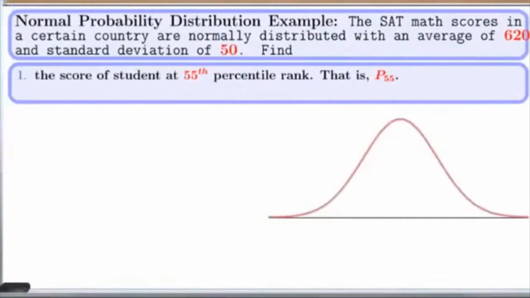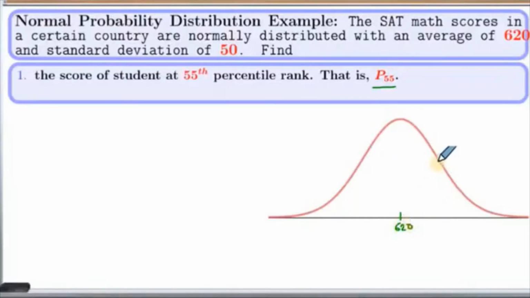Let's look at the very first problem here. We are supposed to find the score of the student at 55th percentile rank. That is, we are supposed to find this here. The first thing to do here is, let's try to draw a diagram. We are given a bell curve here, so let me put the mean in the middle here, which is 620.